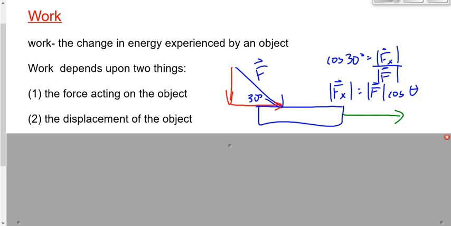So what we do in this case is ultimately multiply the x component of the force by the displacement. Remember, force and displacement are necessary, specifically the force that causes the movement, which is the x component of the force. Let's write down an equation here.